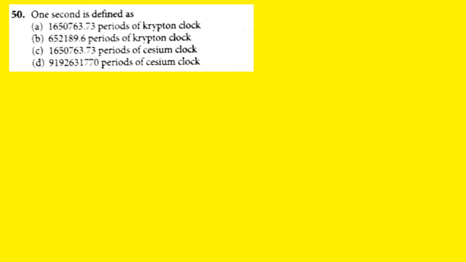So the answer for this is option D. The second is the duration of many periods of the radiation corresponding to the transition between two hyperfine levels of the ground state of the cesium-133 atom. So 1 second is defined as, it's a big number, children, 919263170 periods of cesium clock.